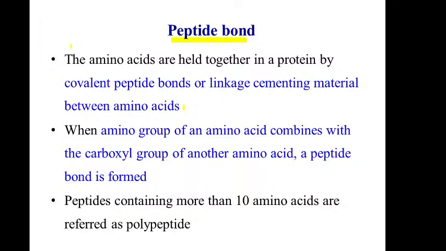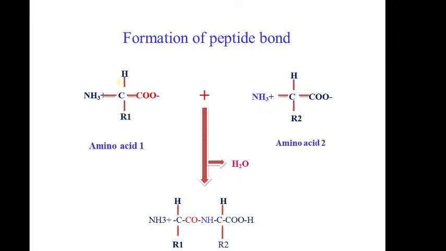Peptides containing more than 10 amino acids are known as polypeptides. On one side we have the carboxyl group, on the other side the amino group, and they join together by the peptide bond.